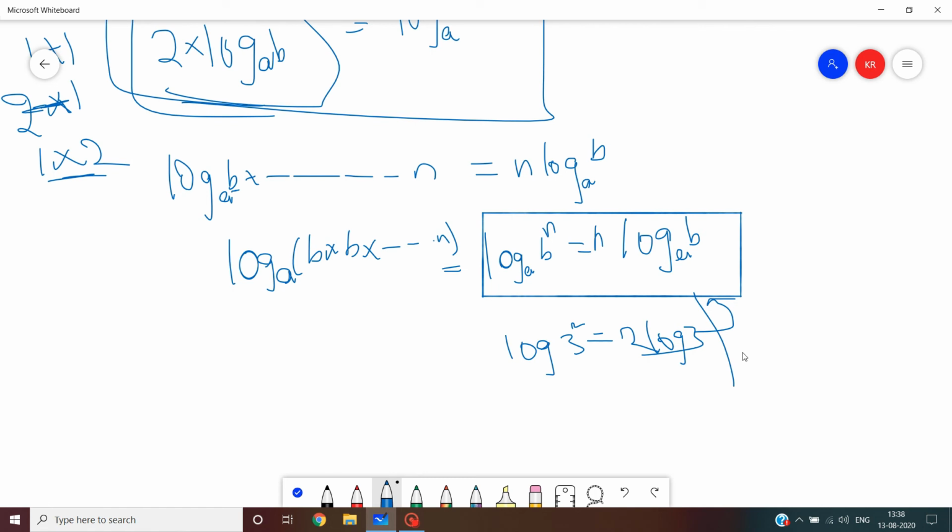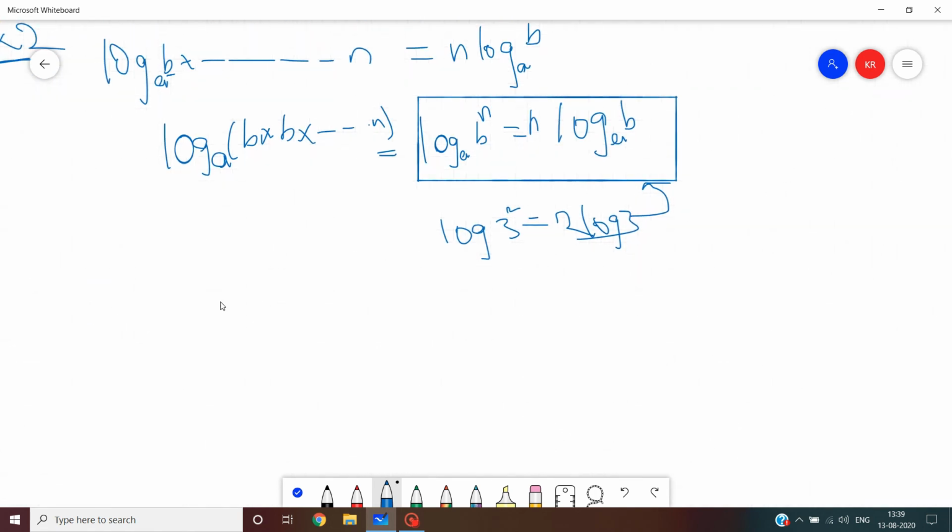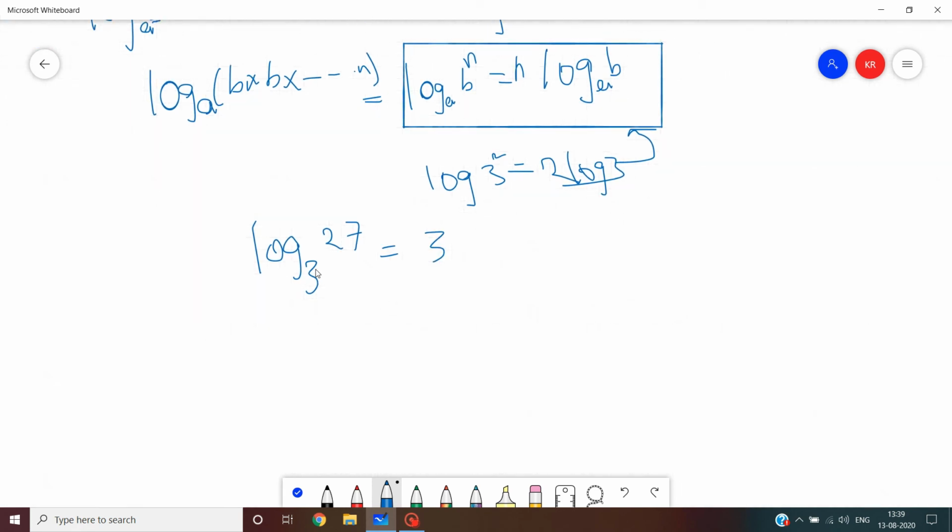Let's make one example, like log base 3 of 27. So we know that 27 is some power of 3, so that will be 3 power 3, right? So the result will be 3. So we'll do it using these laws. So 27 can be written as 3 power 3, right?